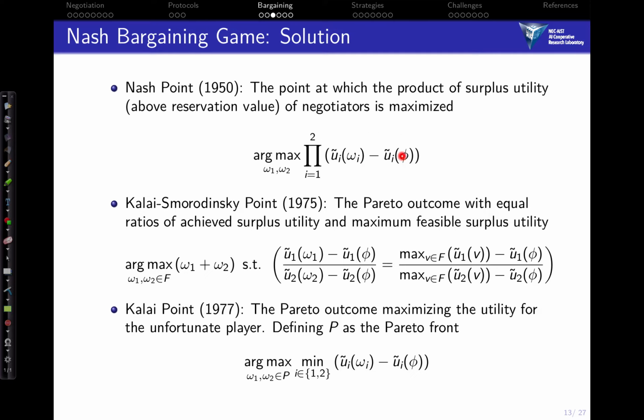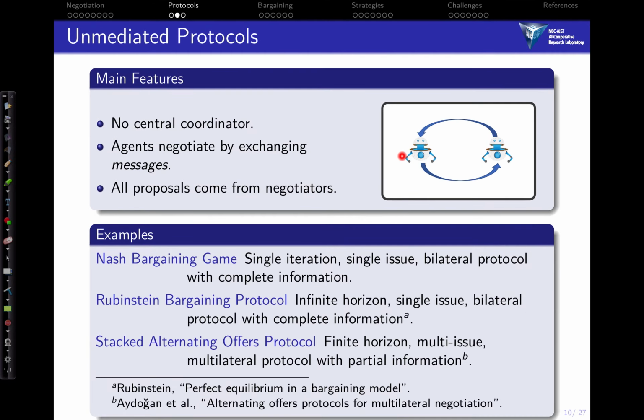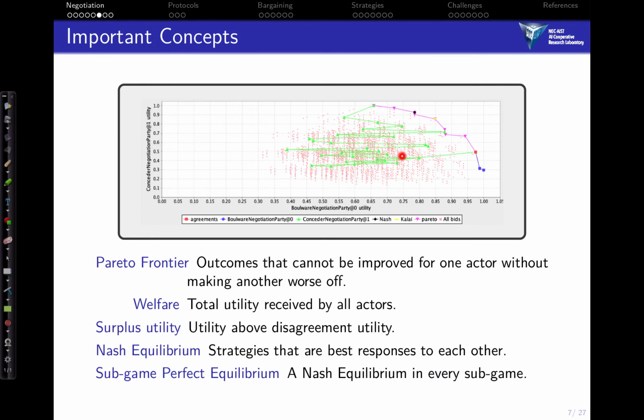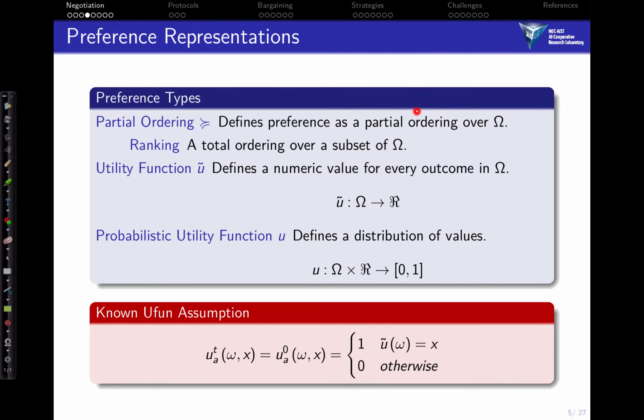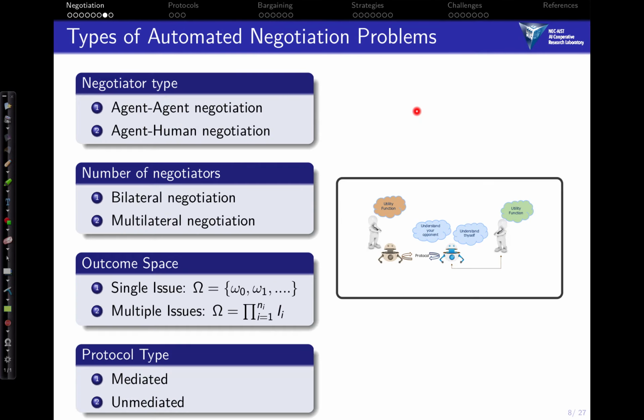And in the figure we showed before, this figure that I told you is everywhere, this is the Nash point. As now we know these two utility functions, we know the surpluses because we know the reserved values, we can calculate the Nash point. And it is usually associated in the minds of people with fairness.